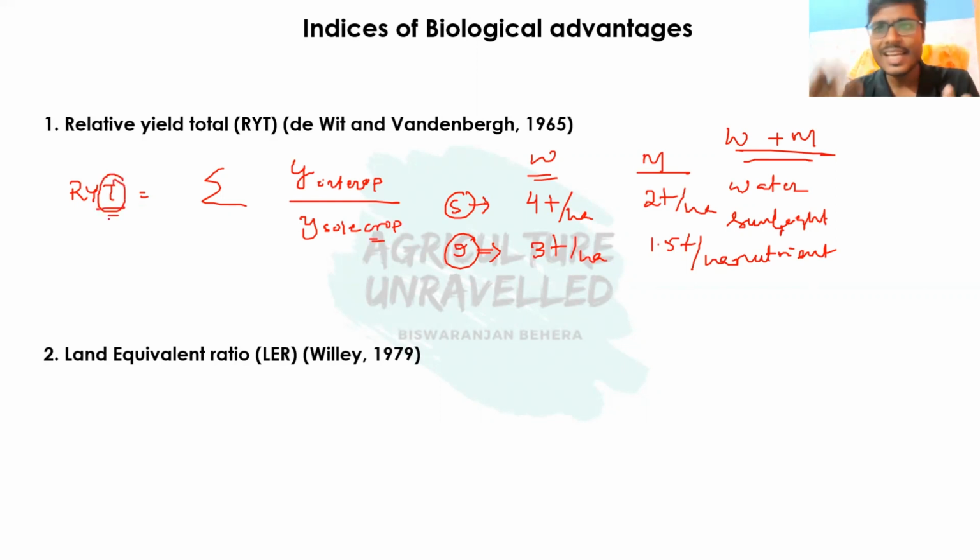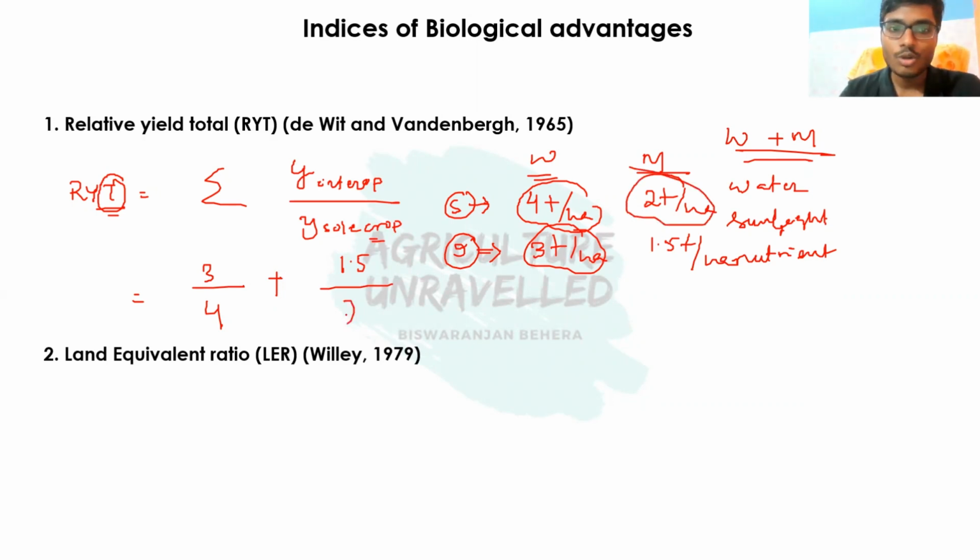It is simple: relative yield total means we sum these relative yields. The relative yield of wheat will be the intercrop yield of wheat, 3 ton per hectare, divided by the sole crop yield of wheat, 4 ton per hectare, plus the relative yield of mustard, that is the intercrop yield of mustard, 1.5 ton per hectare, divided by the sole crop yield of mustard, 2 ton per hectare.